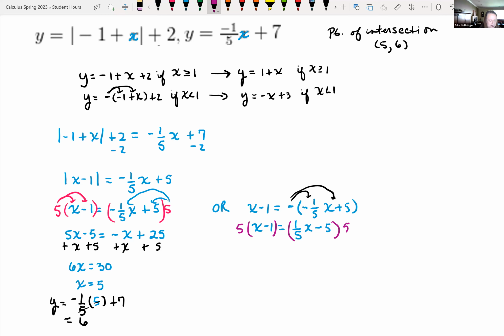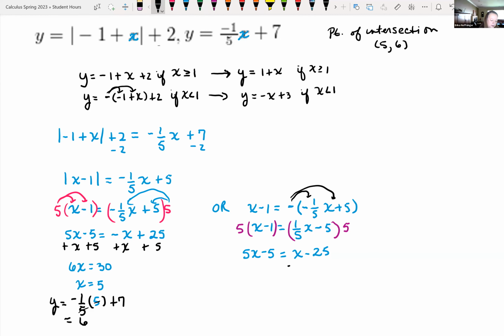I'm going to clear my fractions by multiplying 5 on both sides of my equation. Distributing the 5 on the left, we would get 5x minus 5 equals distributing 5 on the right-hand side. 5 times 1/5 x is just x minus 5 times 5, so 25.